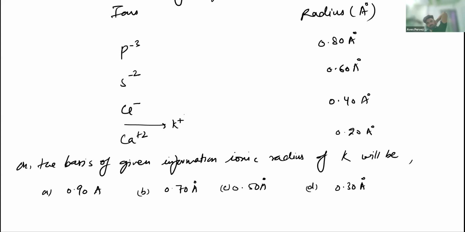Which option can you guess on the basis of the given information? Option D? Yes, option D is correct because potassium will lie here. So D is the correct option.